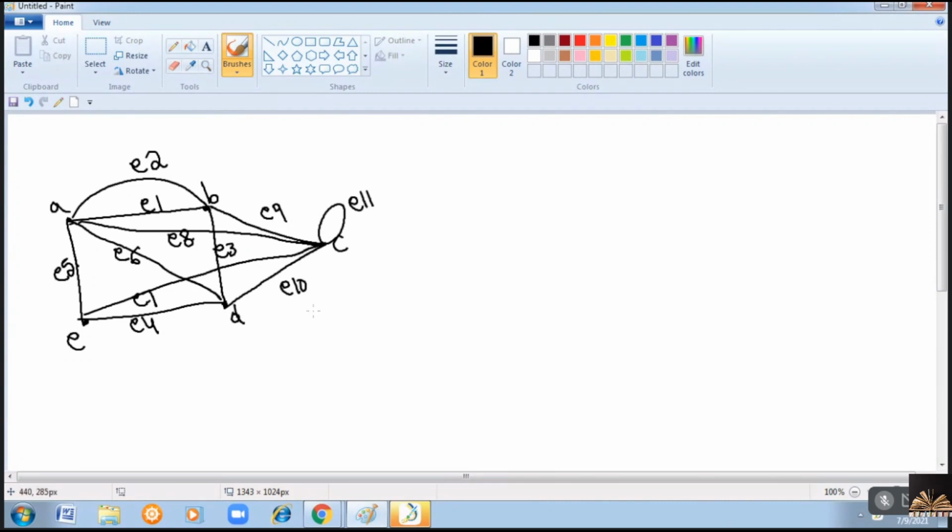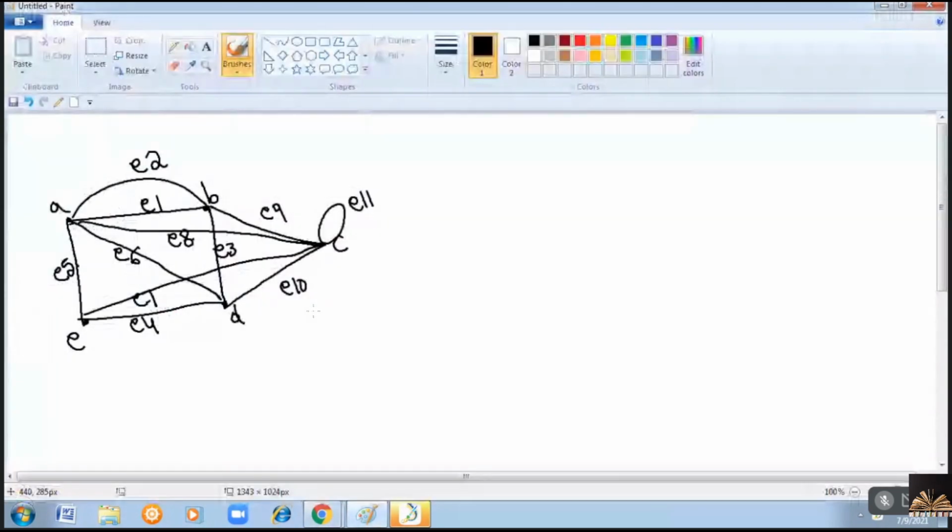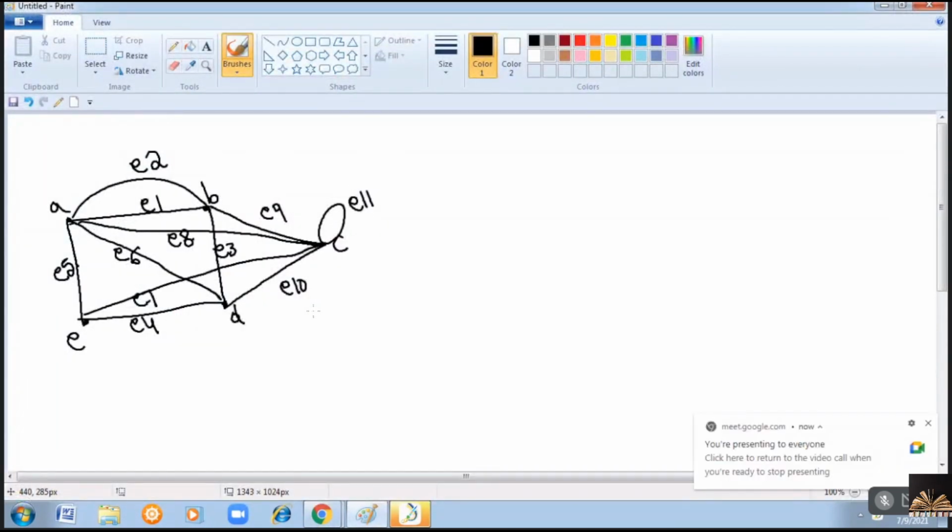So this is the graph given. Check whether this graph is planar or not.